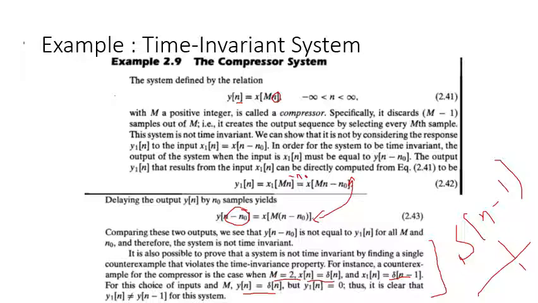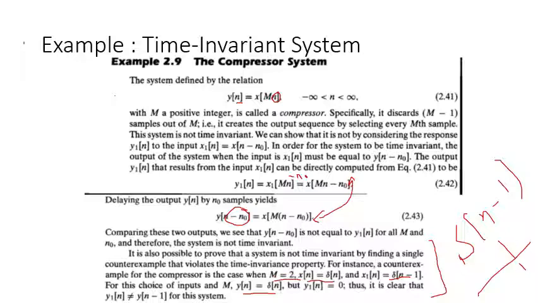Because we have to verify time invariance, if input is this and x1 of n is equal to delta of n minus 1, it means we have an impulse that is shifted at 1. For this choice of input, output will be delta of n. But if we have this input, we will have output this.